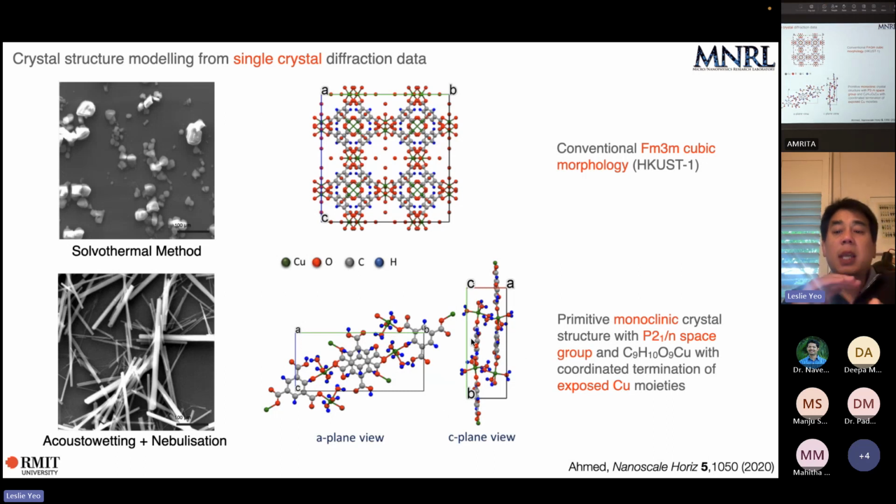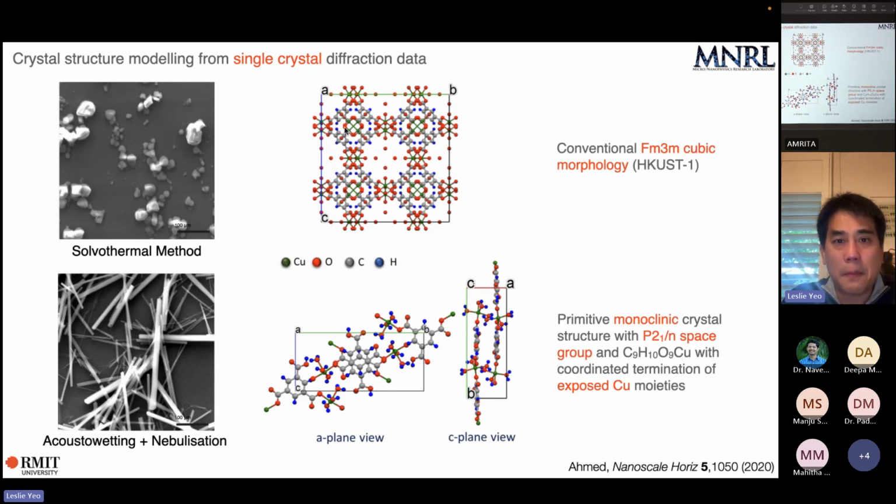And the interesting thing about this structure is that the copper atoms are actually exposed on the surface of the morph. And this is very useful, or we think it's useful, because the problem with morphs is that a lot of them are non-conductive, because the metal atoms are embedded.